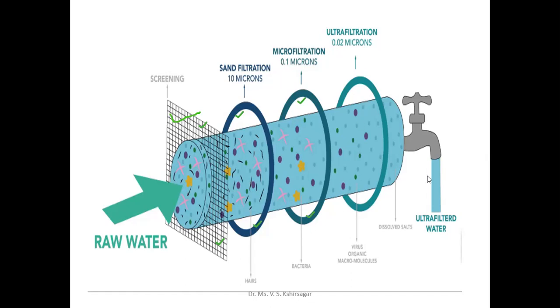Why don't we apply the ultrafiltration directly? Because it would take the load of these larger size particles and get blocked, and hence it must be done in stages. That's why in a water treatment plant also we first use a primary treatment, in which larger size particles are removed, then secondary treatment, where smaller particles are removed, then tertiary treatment, where the finest particles are removed.